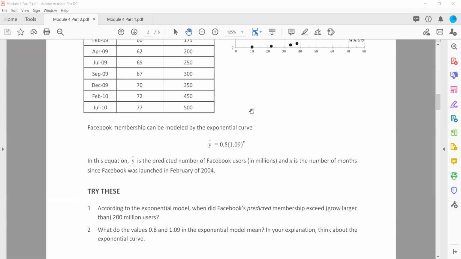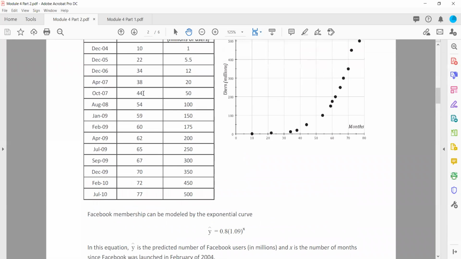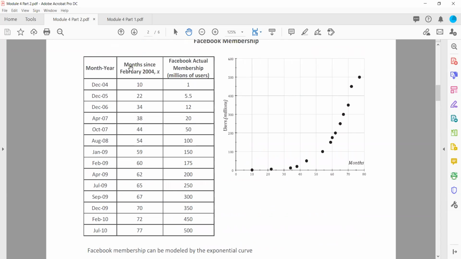Well, 200 million users is related to April 2009, 62 months after Facebook launched in February 2004. So it's going to be April 2009.